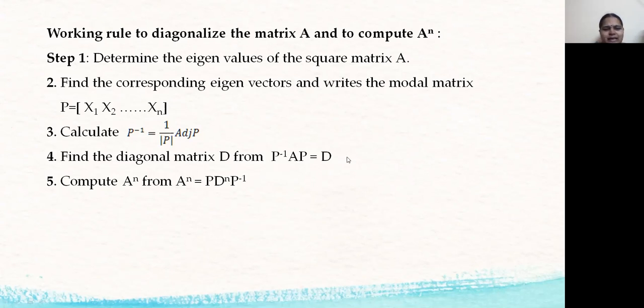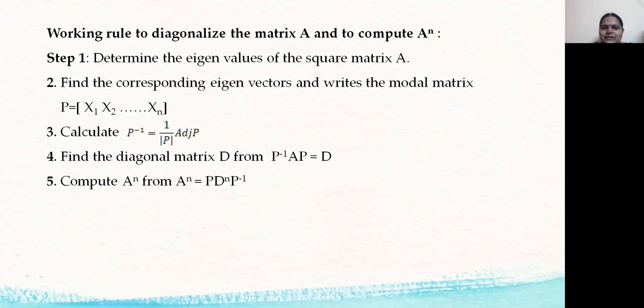So this is the diagonalization process. Now we compute A power n from A power n equals P D power n P inverse. This is the working rule to diagonalize the matrix A and also to find A power n. Whenever we want to diagonalize A, first we find the eigenvalues and then the corresponding eigenvectors.